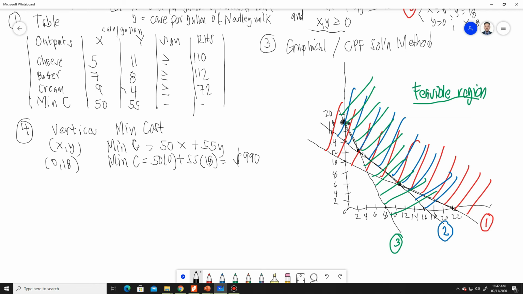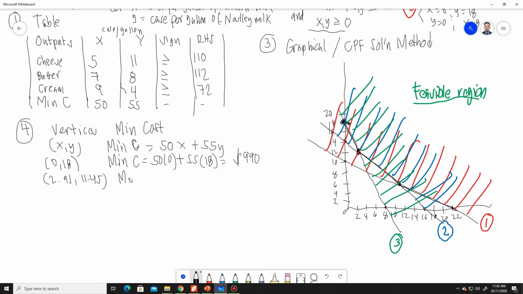Okay. For this vertex, this is 2.91 and 11.45.